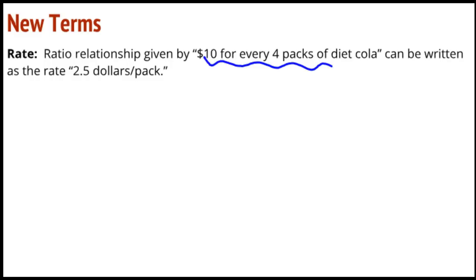This 10 for every 4 packs can be written as the rate of $2.50 per pack. Now there's a really important word that keeps coming up as we use rates, and you will hear per. And we'll discuss kind of what the per means.